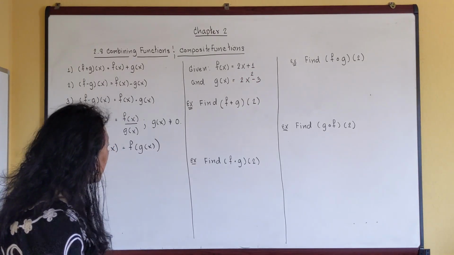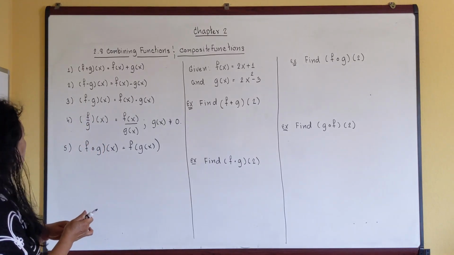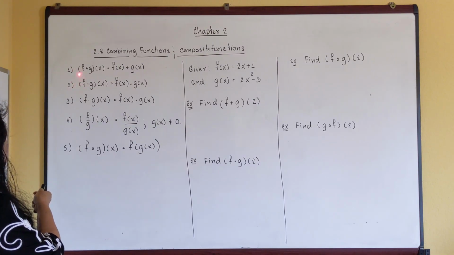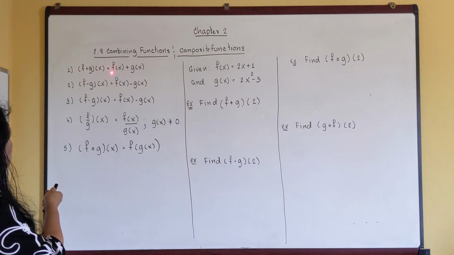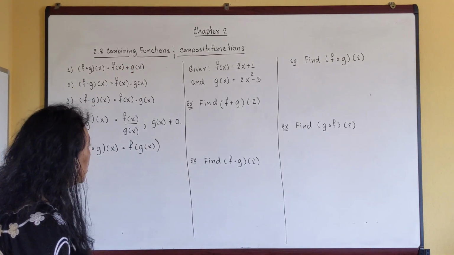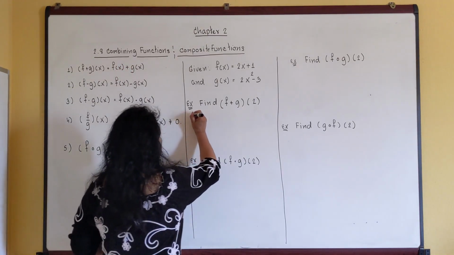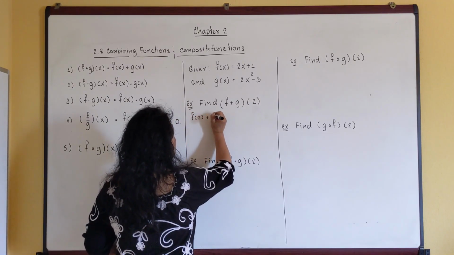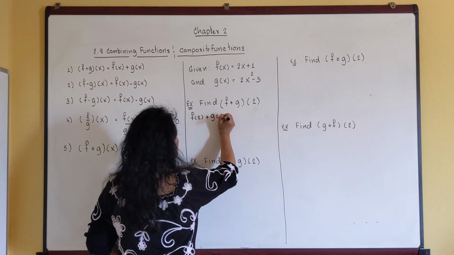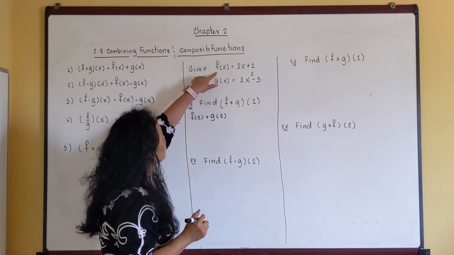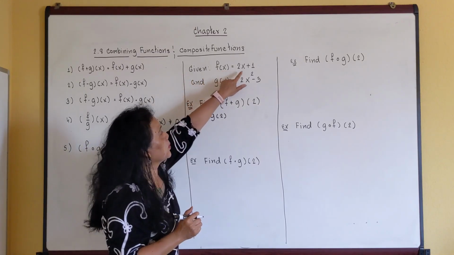Let's say you want to add them. You're just going to follow the definition here. It says that f plus g of x is equal to f of x plus g of x. So I'm going to do f of 2 plus g of 2. Just follow the definition. I go to my f function, and instead of x, I put 2.